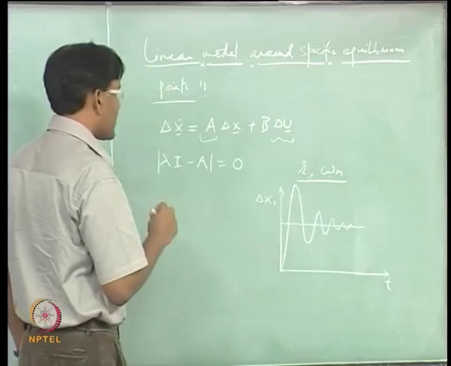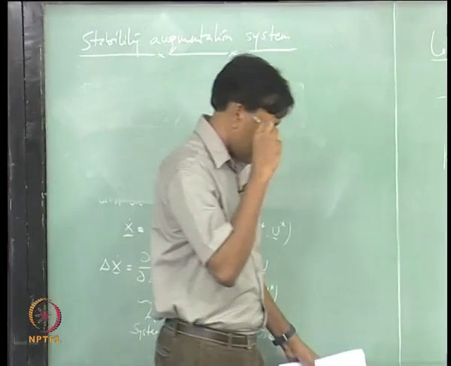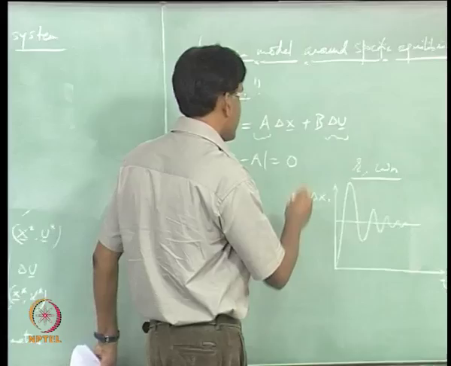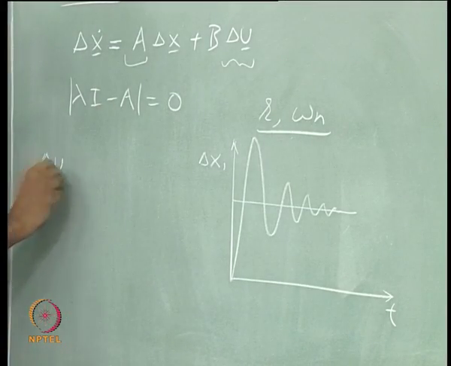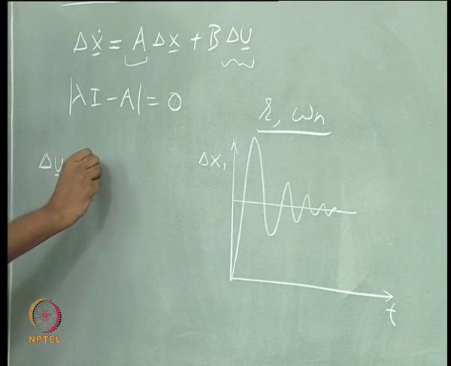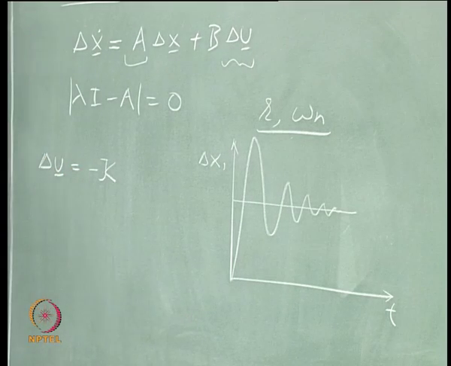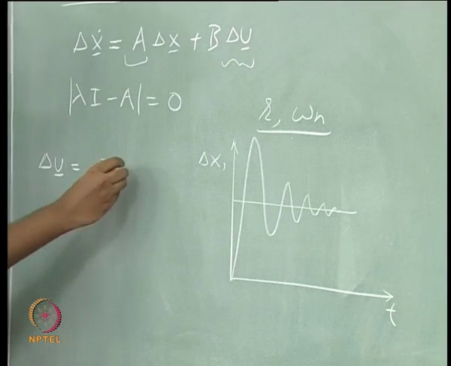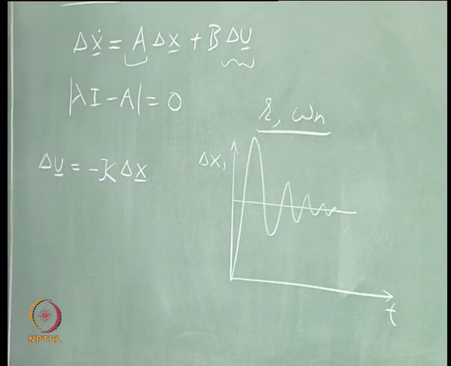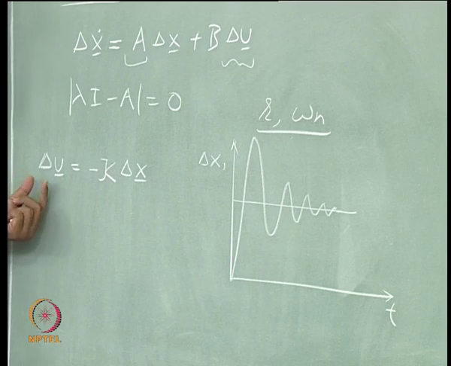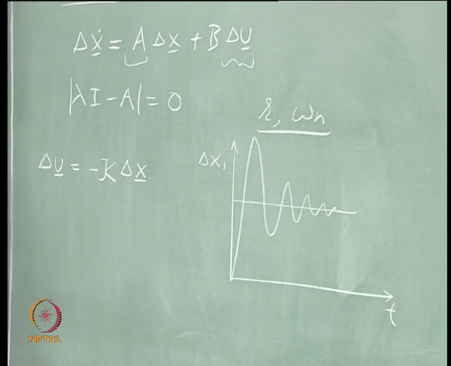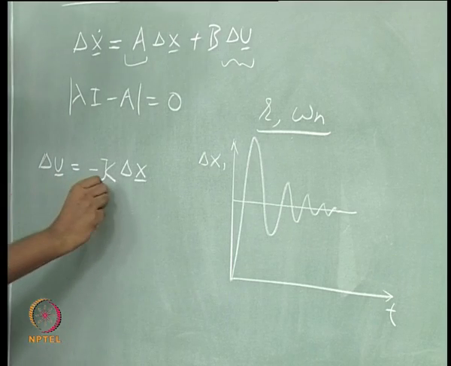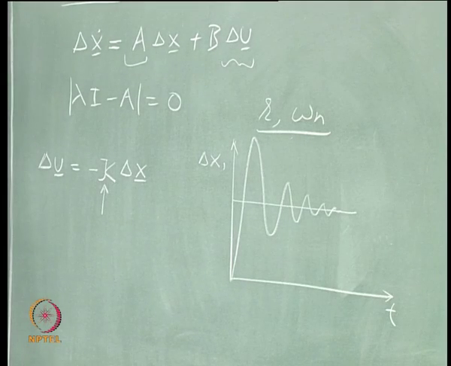Linear control theory or classical control theory is full of techniques which help you to define this delta u in some fashion, as for example this. So, here this delta u is modified according to the change in state variables, perturbed variable, using this constant k.